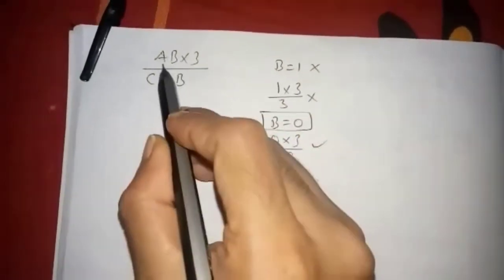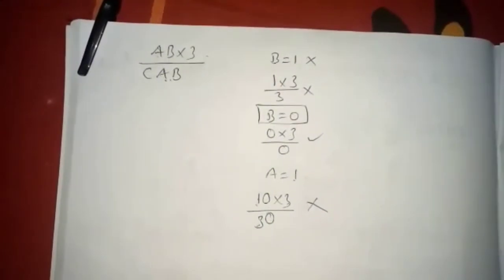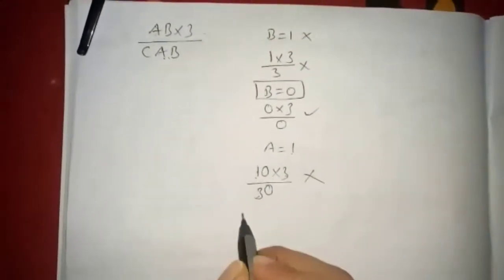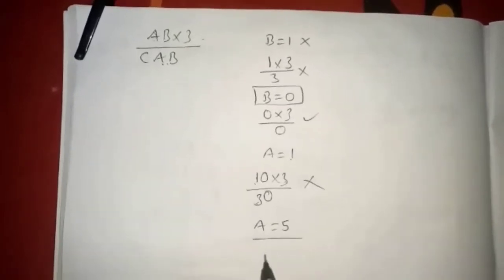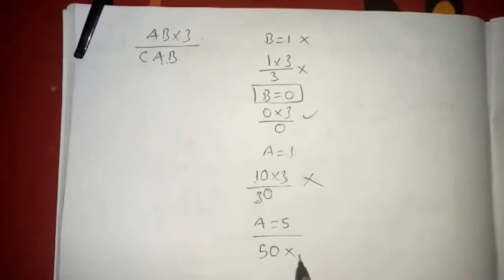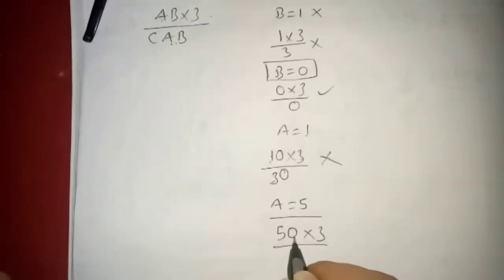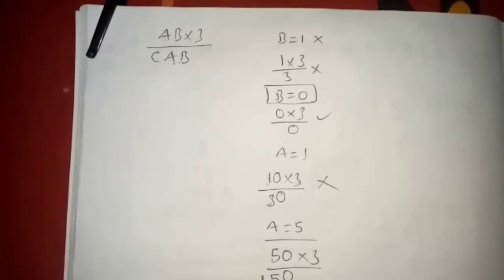What if A equals to 2? 3 2s are 6. 2 and 6 cannot be. Let me guess A equals to 5. Okay, A equals to 5 means what? 50 into 3. So 3 zeros are 0, 5 3s are 15.